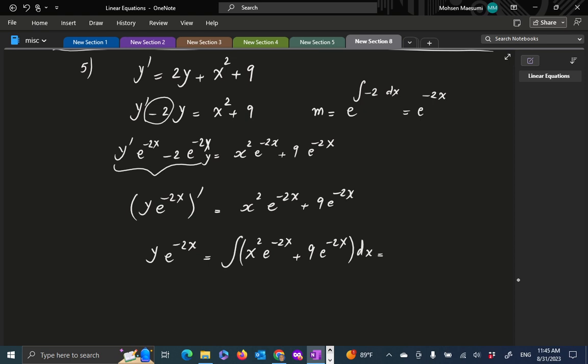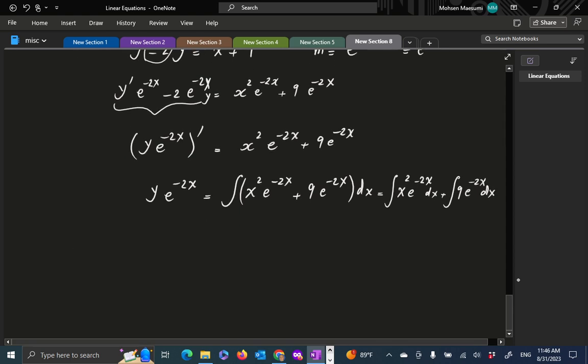We might as well split this into two parts, an easy part and a bit lengthy part. So I have x squared exponential of minus 2x dx plus 9 exponential of minus 2x dx.